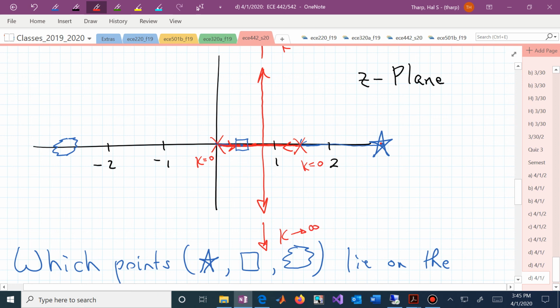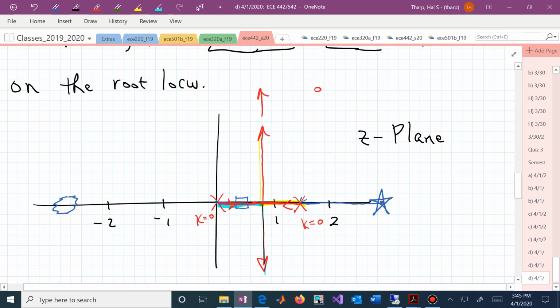We started at 0, and as we crank up the gain k, the root locus branches, and we have 2 branches. We have this branch, let's say, and this branch. We don't know which one goes up and which one goes down. I just arbitrarily selected those. But we now have 2 branches on our root locus, and one goes to a 0 at infinity and the other goes to a 0 at infinity.